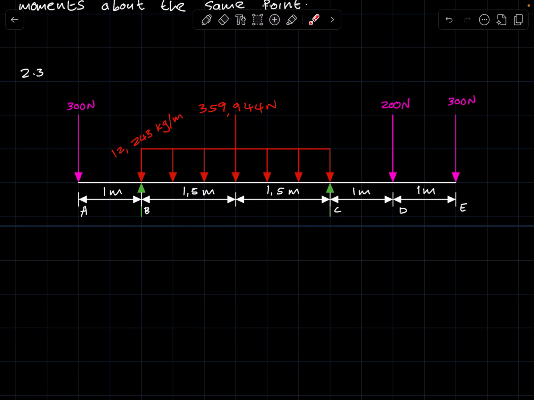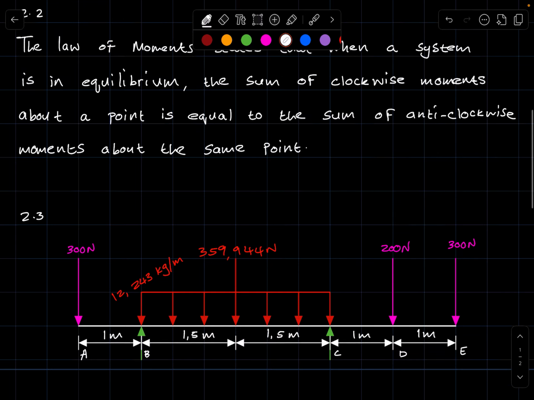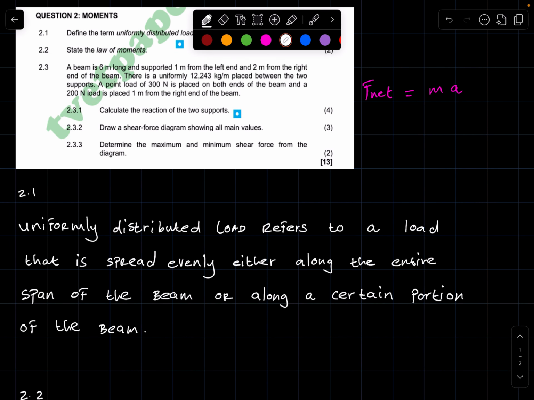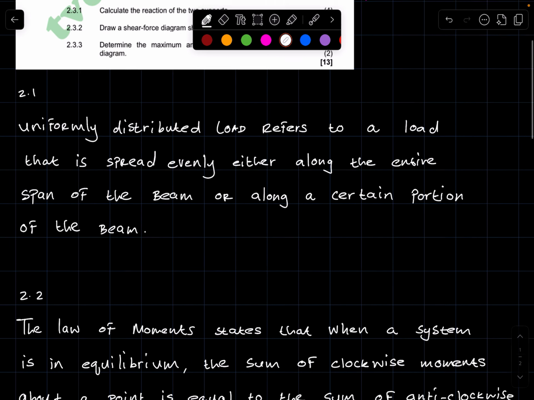So now in calculating the reactions, or in applying conditions of equilibrium, we are not going to make use of this. Instead, we are going to make use of its weight component. All right. Now let's look at 2.3.1, calculate the reactions of the two supports.